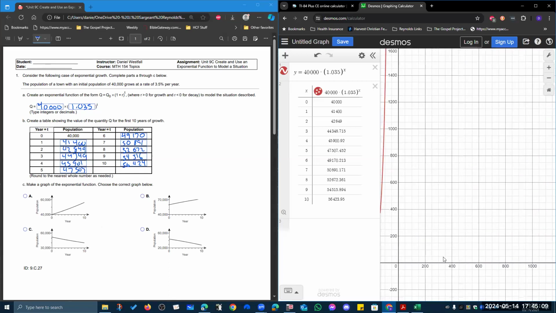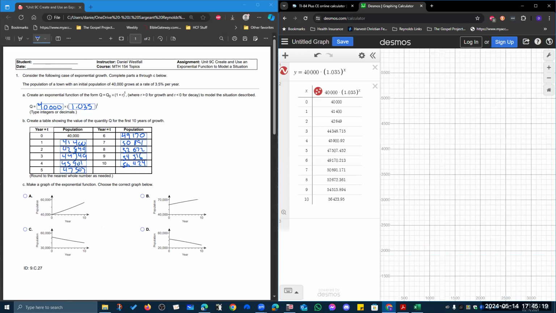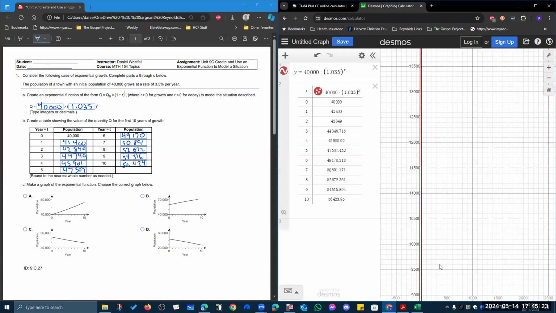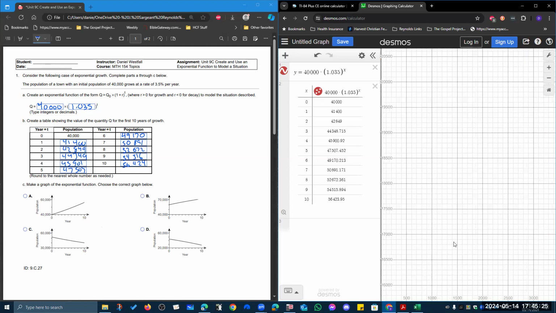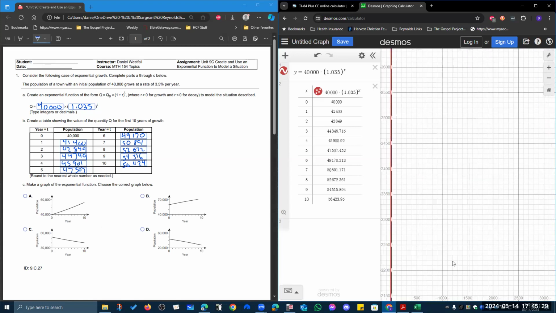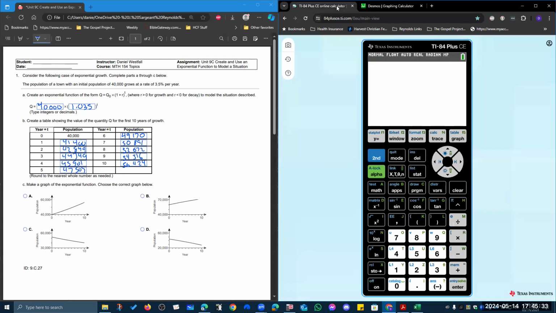So we want to zoom out here from 0 to 10 and start at 40,000. So 40,000 is way up here. Let me just use my graphing calculator to help me with this.